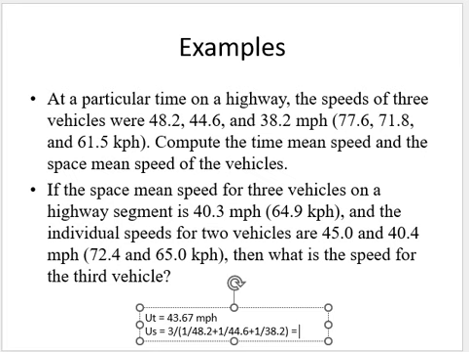What's the next one here? If the space mean speed for 3 vehicles on a highway segment is this much, and the individual speeds for 2 vehicles are this and this, what is the speed of the third vehicle? So space mean speed is given, and the speed of the 2 vehicles is given, 45 and 40. So you know the space mean speed and you know the 2 speeds. You have to find out the third one. Don't use these speeds from before. Instead of 48.2 you will have 45, and instead of 44.6 you will have 40.4.